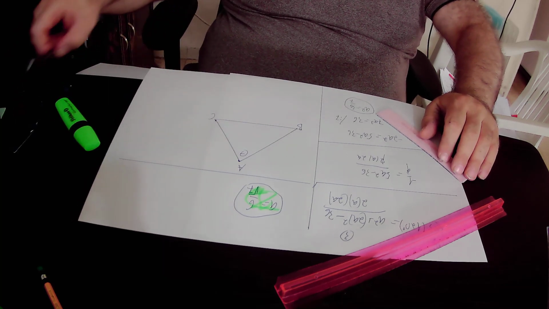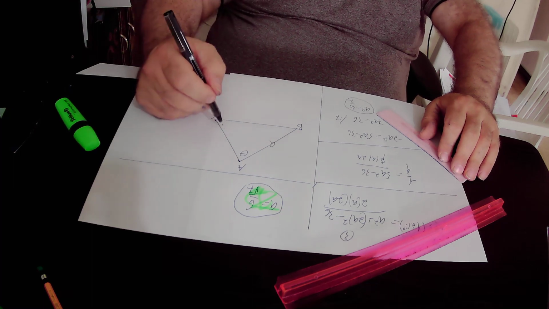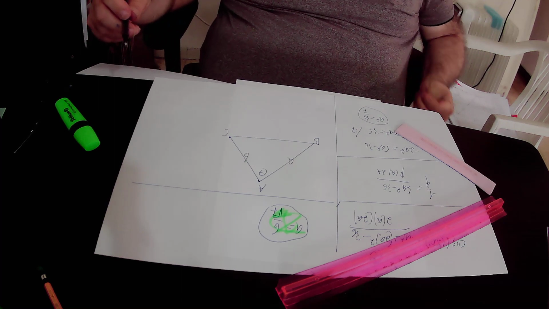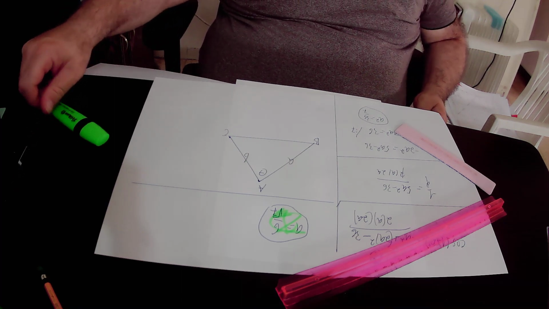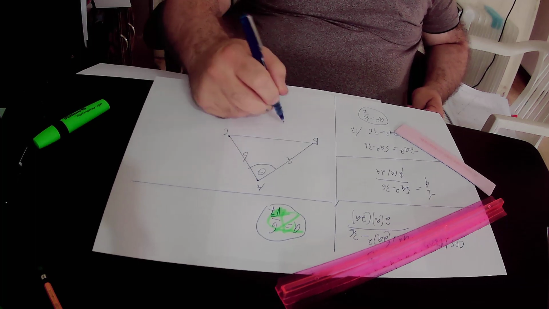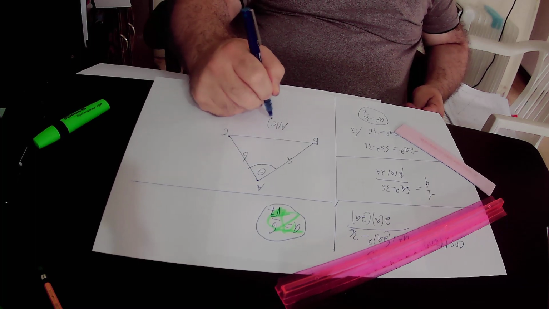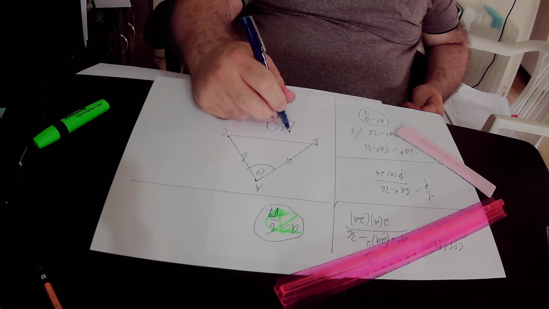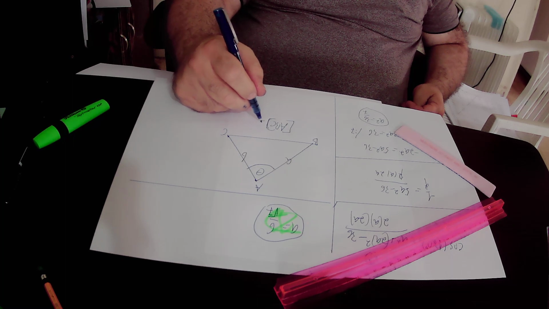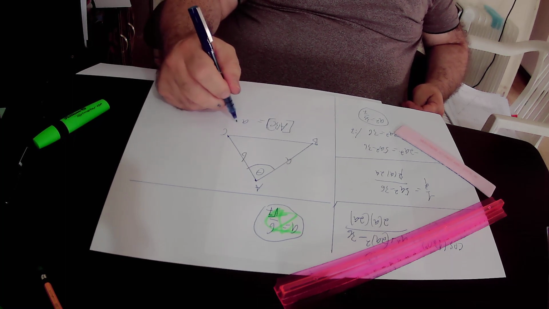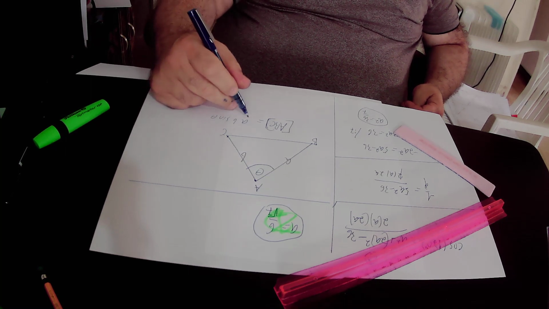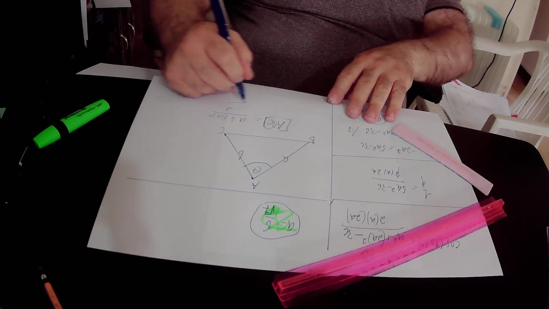The length of side AB is A units and the length of side AC is B units. Then according to the new formula, the area of triangle ABC, this is the sign for the area, is equal to AB sine theta over 2.